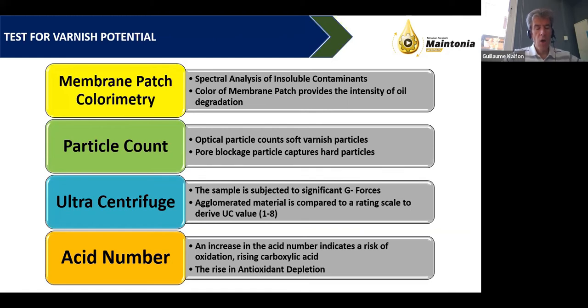And we will go straight to the main key tests that are really here to identify this oil degradation itself, which is the chemistries that will eventually turn into deposit, into varnish. And we have two tests on this slide that can do that. One is the MPC test, which is membrane patch colorimetry. So the acronym for that, membrane patch colorimetry, is MPC.